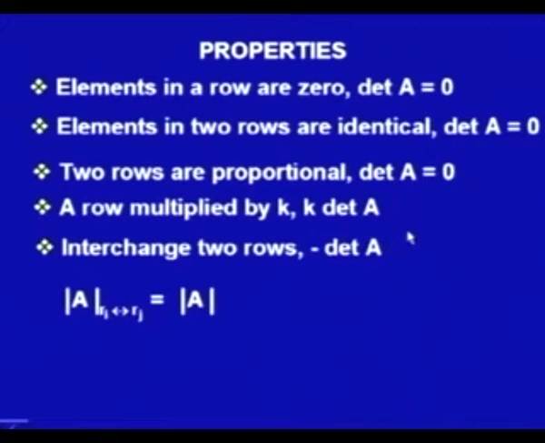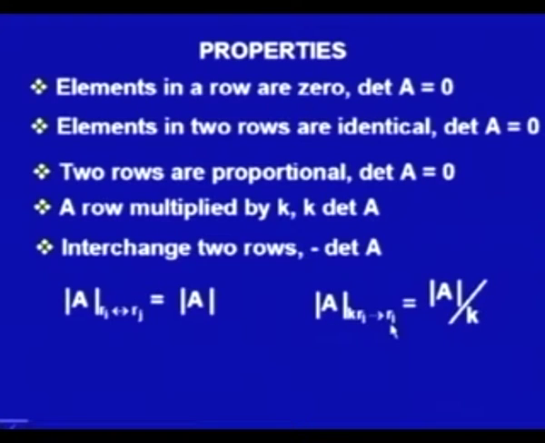Similarly, we applied elementary transformations to the corresponding matrices, and then we see what is the relationship between the determinant of the matrix before applying the operation and after applying the operation. Before applying the operation it is determinant A, but when we change it the determinant remains the same.